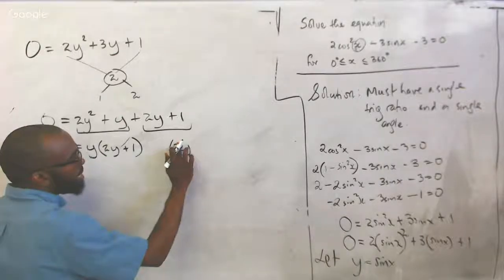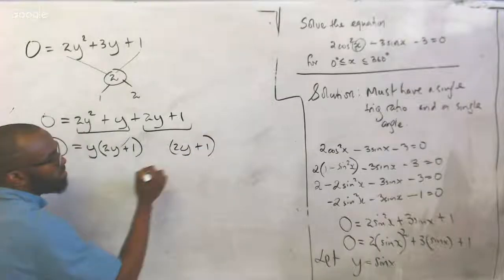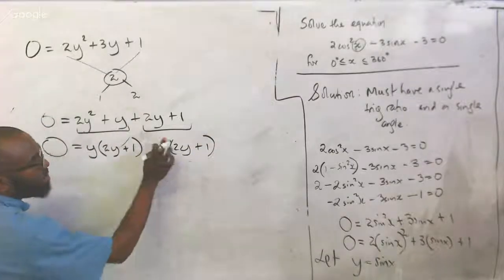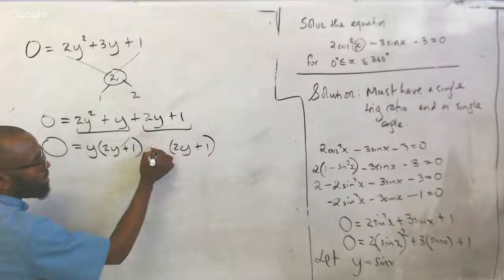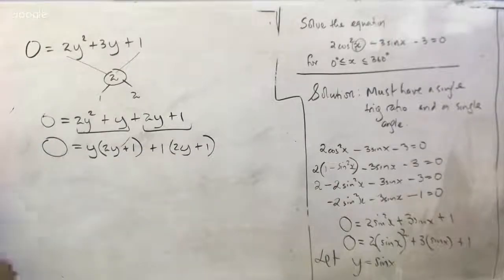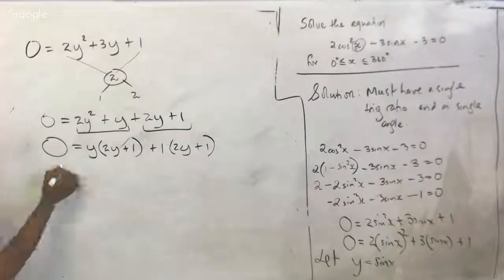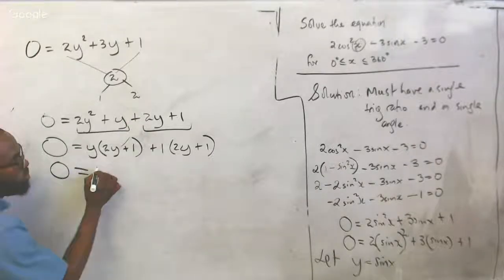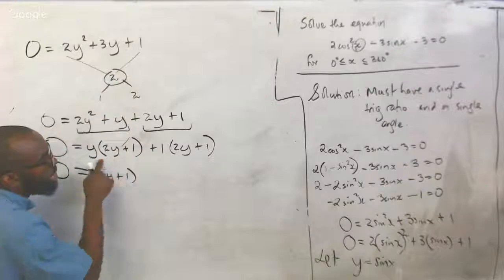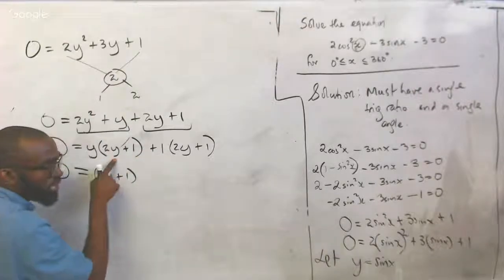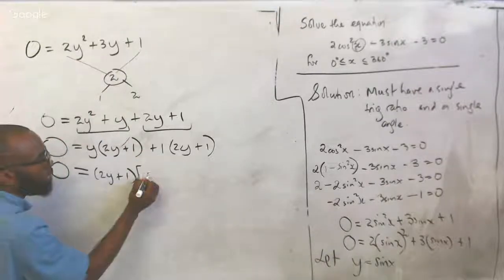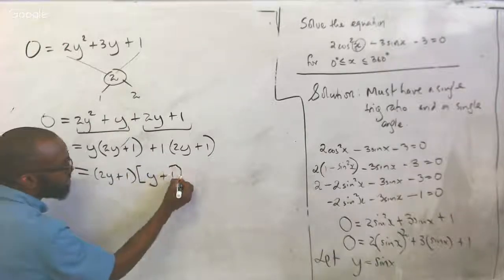So that's a nice little check, right? Then what would I have taken out of this 2y to make that plus 2y? Well, clearly I have plus 1. I will factorize by taking out common terms again. So 2y plus 1 is a common thing to these two terms, right? What is left? A single y and a plus 1.